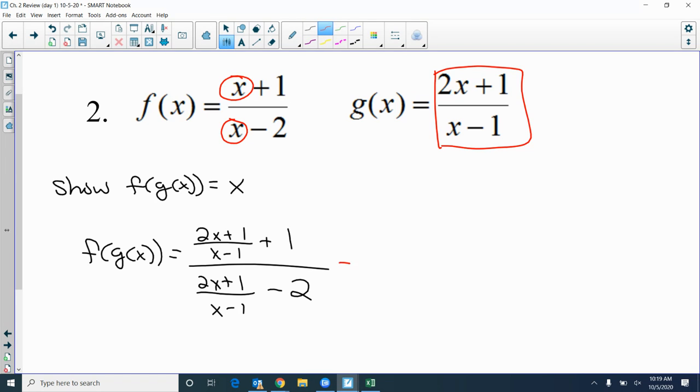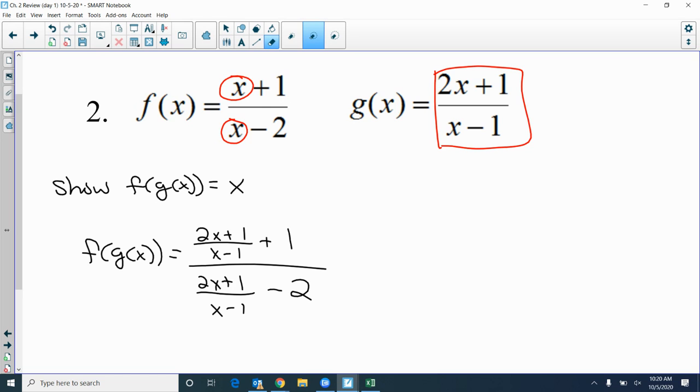You cannot say equals x and then move on. Obviously, it has to equal x, but you've got to do a little bit of work. How are we going to show it? We've got two options. You can get a common denominator in the top, or we can multiply to get rid of fractions. Tony, we'll let you drive the bus today. How are we going to do this? Well, wouldn't you multiply the minus 2 by x minus 1?